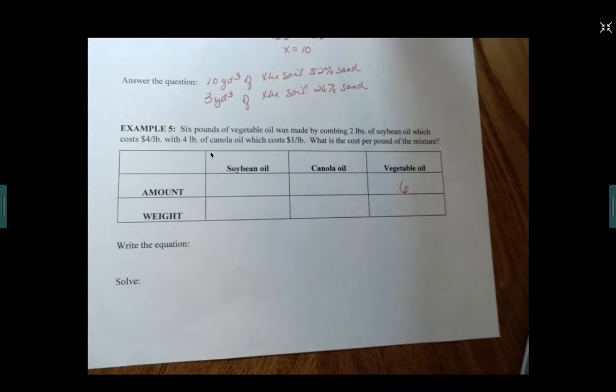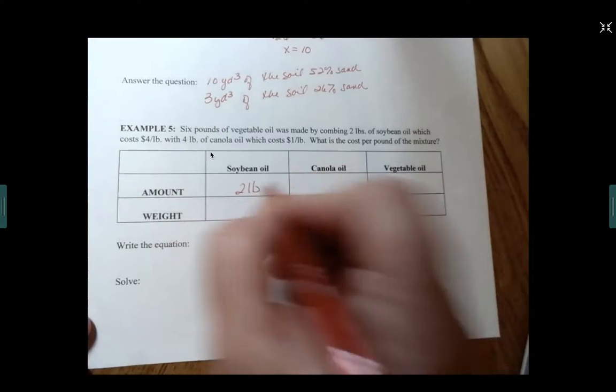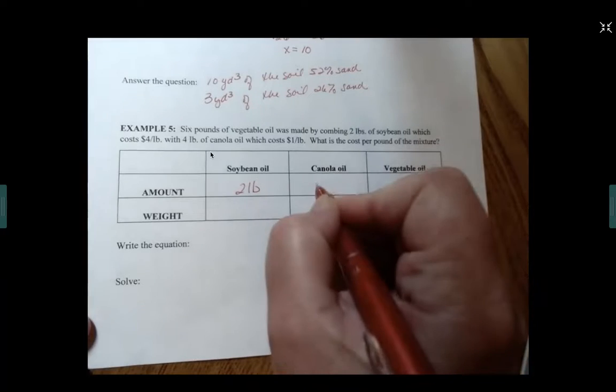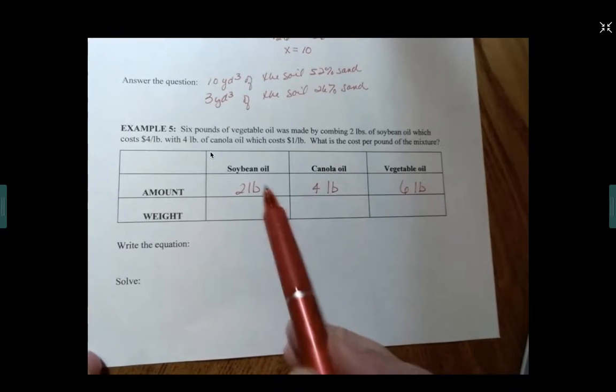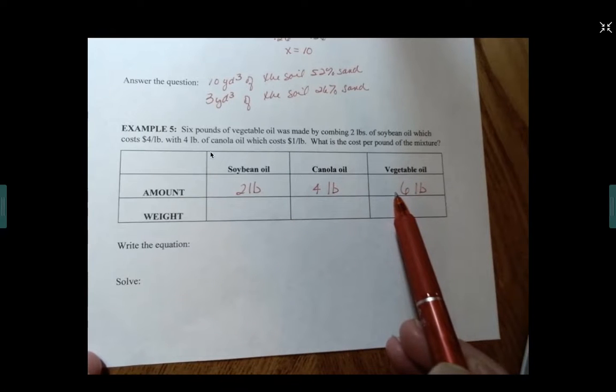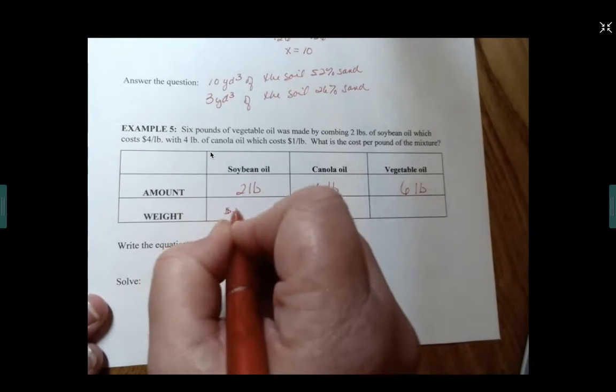And it was made by combining 2 pounds of soybean and 4 pounds of canola oil. And again, remember, this plus this must equal this. Is 2 plus 4 equal to 6? And it is. And it says that the soybean oil was $4 per pound.